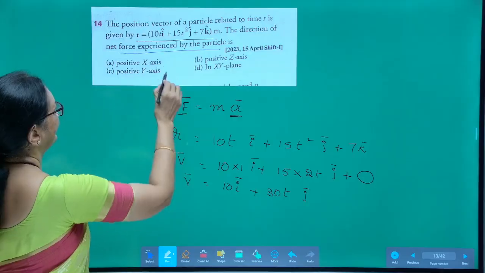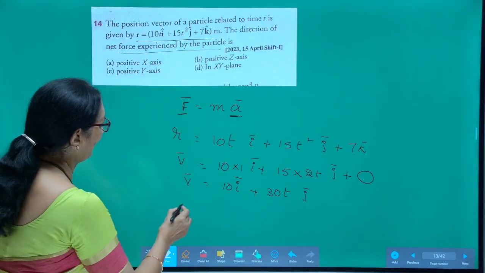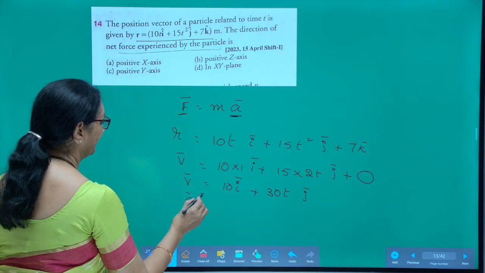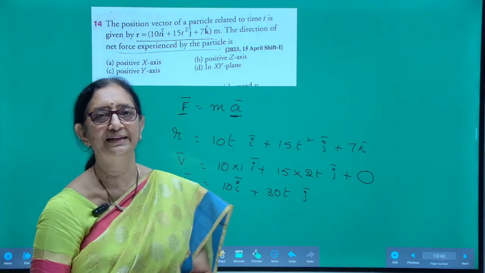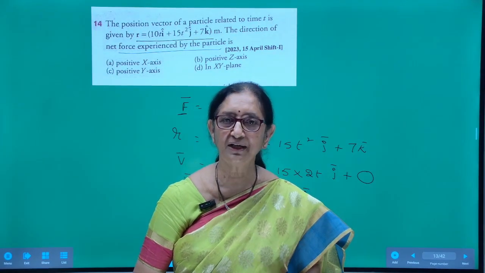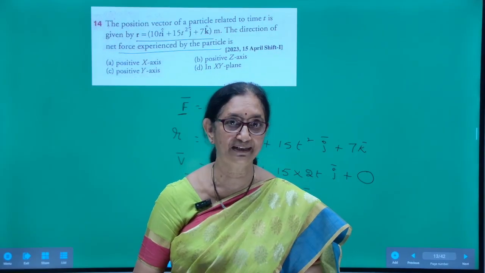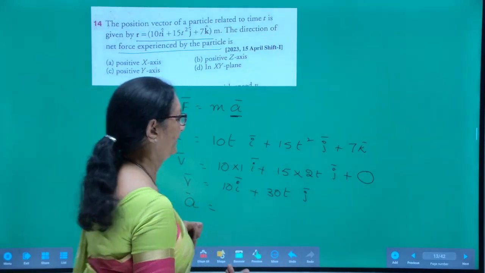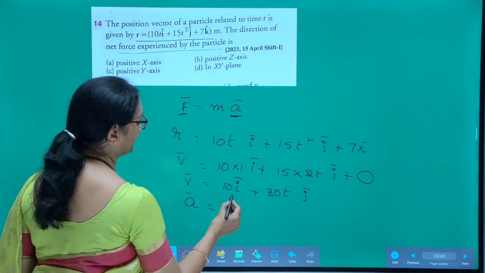You are asked to find the force direction. So, you have to find out the acceleration. So, how do you get acceleration from velocity? By differentiating velocity with respect to time, we get acceleration. So, let us differentiate this with respect to time.